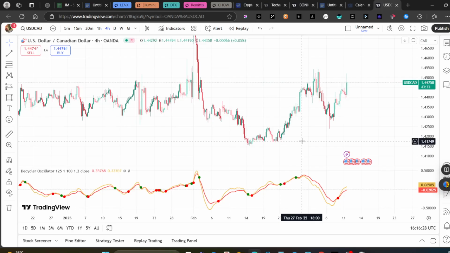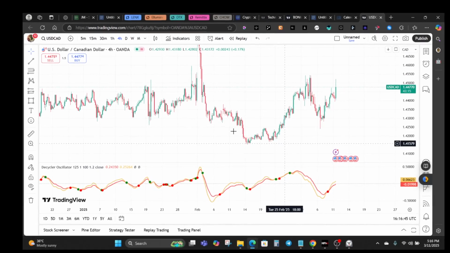Now, it is important to know that the Decycler Oscillator doesn't just work in one direction. It adapts to different market conditions. Okay, whether the market is trending strongly or consolidating, it provides more accurate signals to guide your trades.